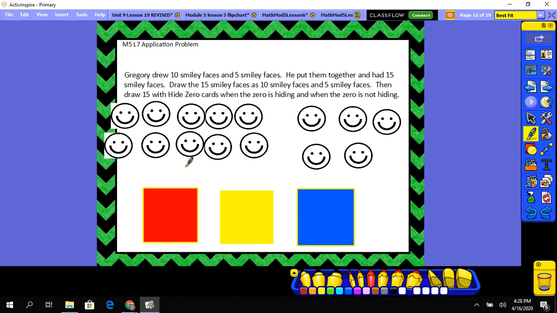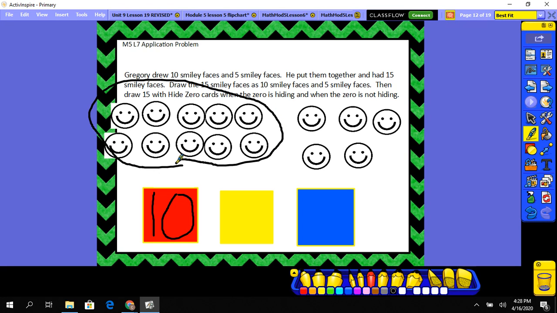Let's draw the 15 with Hide Zero cards. First, where the 0 is not hiding. What number can be written in the first box? 10. Where did the 10 come from? The group of 10 smiley faces. What number belongs in the second box? 5. 10, 5.